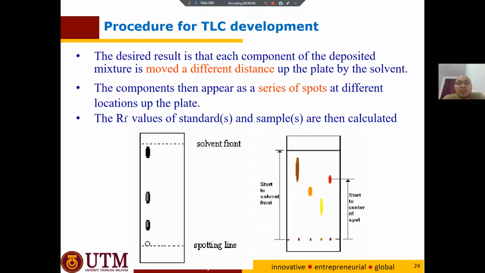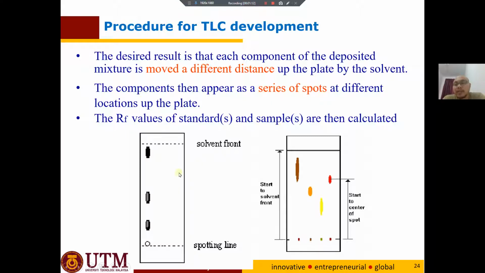We need each component separated and moving at different distances. If the three components move at one distance, it means that our TLC is not that good, and the selection of the mobile phase is not good. The components should then appear as a series of spots at different locations up the plate.